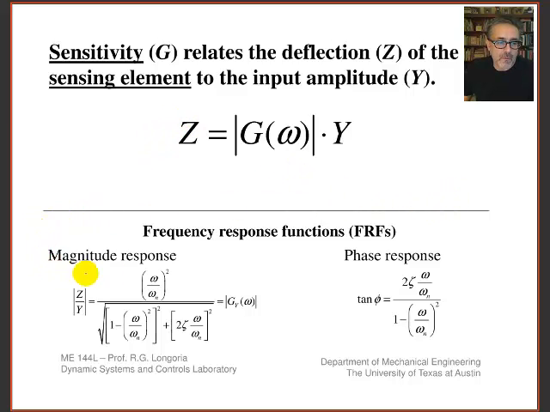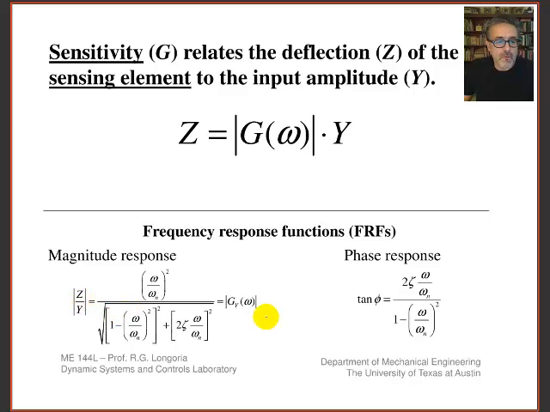Now, I'm not going to go into great detail, but I want you to be aware that you can derive these functions. Often in a systems course, you will derive frequency response functions from your transfer functions, and these are functions of frequency, and you get what we call amplitude functions of this sort. They basically just relate the two amplitudes of the output and the input.